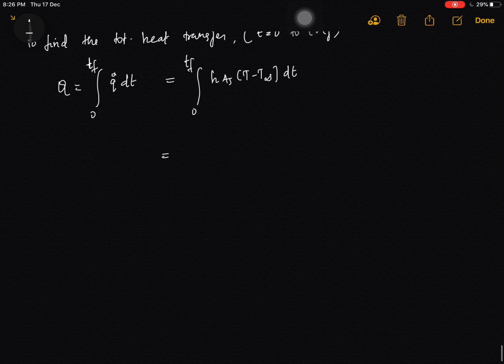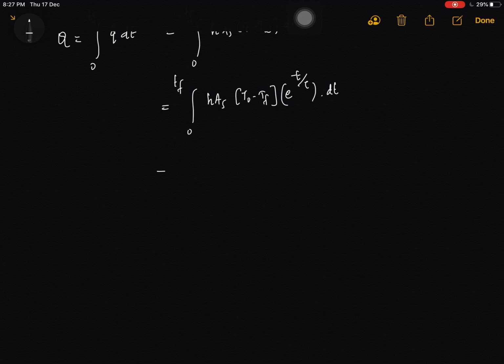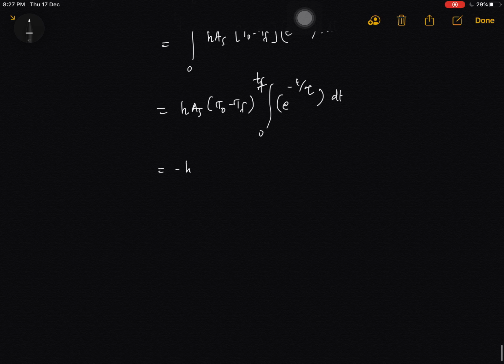This Q dot is nothing but h into As into T minus T infinity into dt, and this can be further written as the integral from 0 to tf of h As (T0 minus T infinity) into e raised to minus t by tau into dt. And this hAs into (T0 minus T infinity) is nothing but a constant, so we can take it outside and write it as hAs (T0 minus T infinity) into the integral from 0 to tf of e raised to minus t by tau into dt.